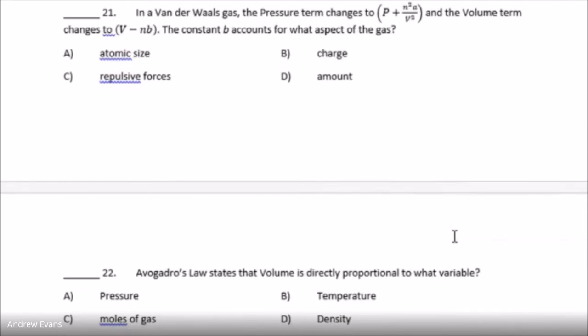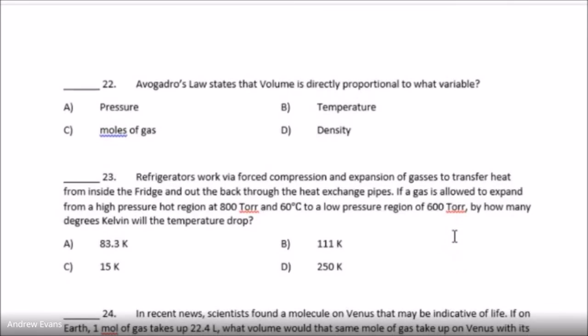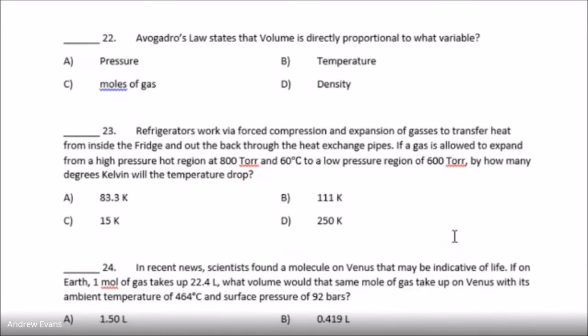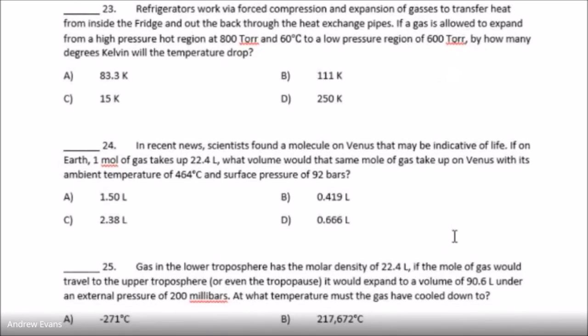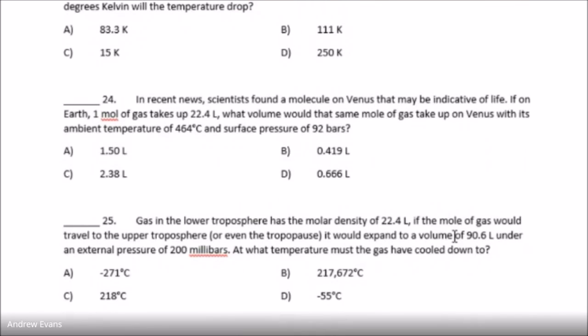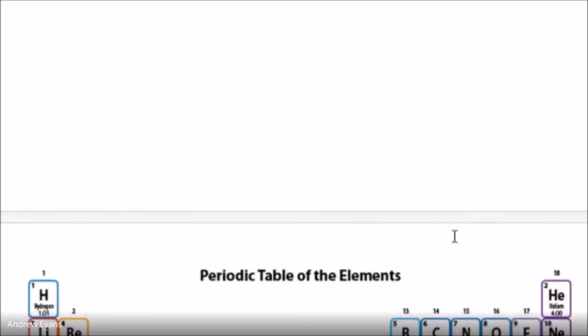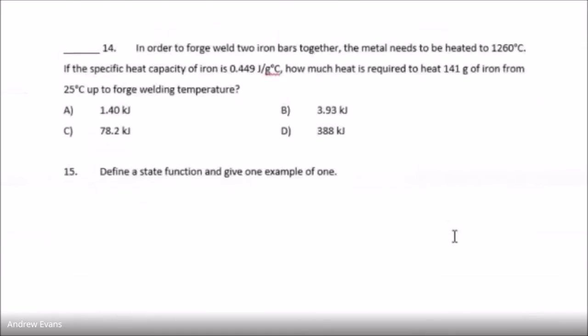Question just about ideal gases. Question about laws. And then this is a volume, a pressure temperature problem. And then I have a bunch of problems here. PV equals nRT. PV equals nRT, if I remember right. That's all the problems. So this one will take a little bit of time to go through.